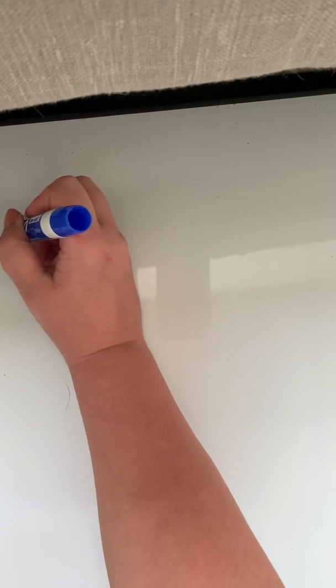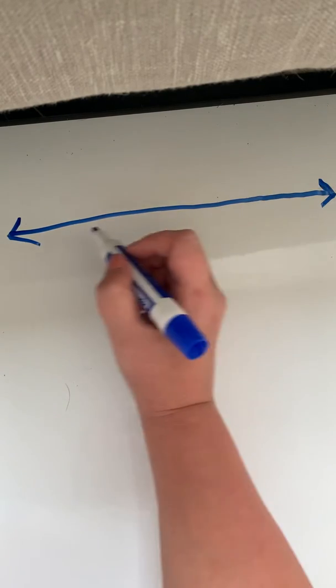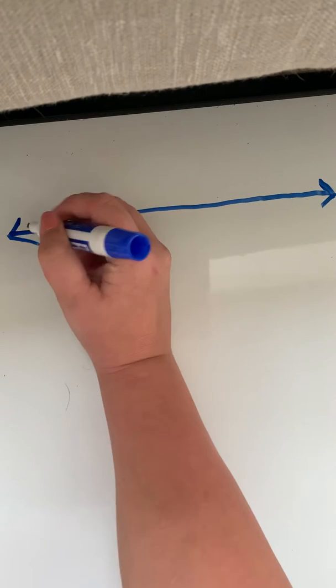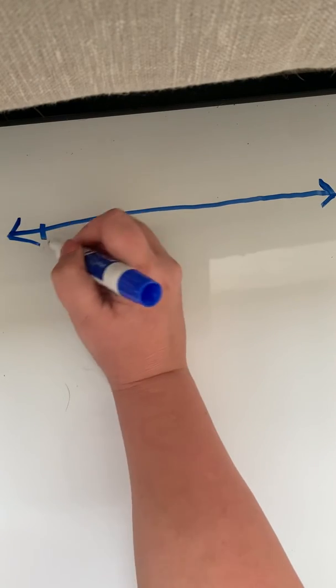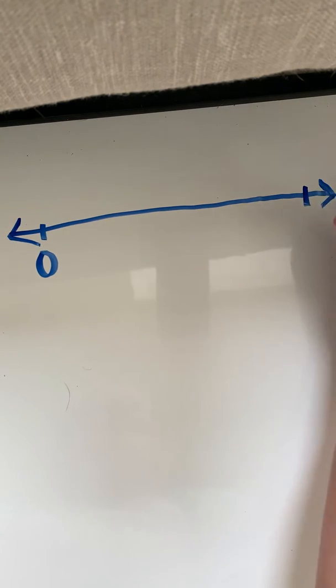We're gonna draw a number line. And remember, lines go on forever in either direction. That's what those arrows show you. And on this number line, I'm gonna have my number line start at 0, and end at 1, okay?